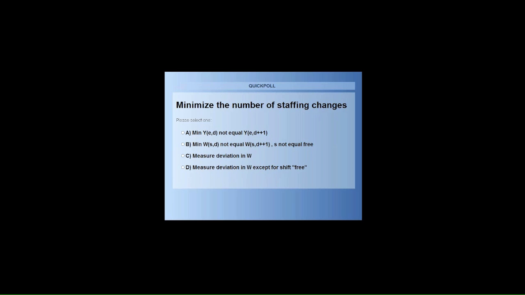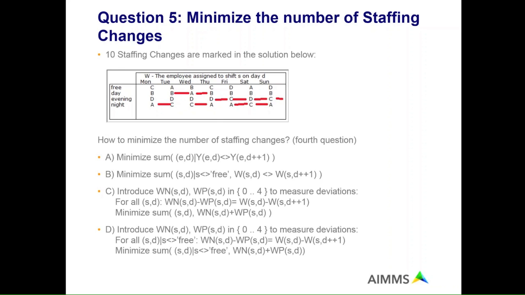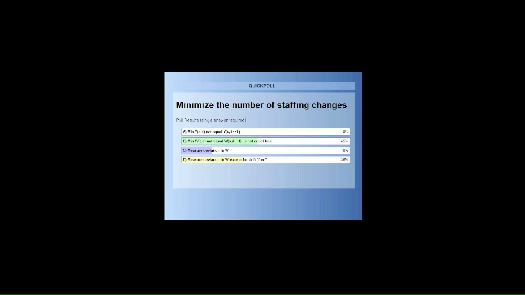Almost everyone has voted. I will wait a few seconds. Okay, I will close the poll now and show the results. How many people did choose B as the best answer? 45% B, 18% C and 36% D, and none chose A.